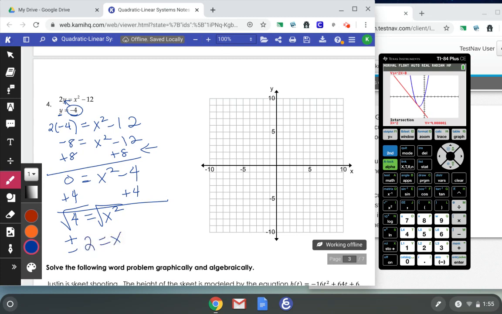Now remember, that's just my x value. So now I have to go back and find what the y value would be when x is 2. So if I plug in, I'm going to use that top equation again.